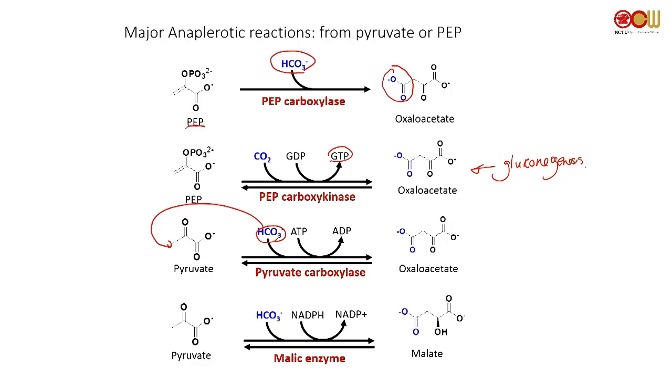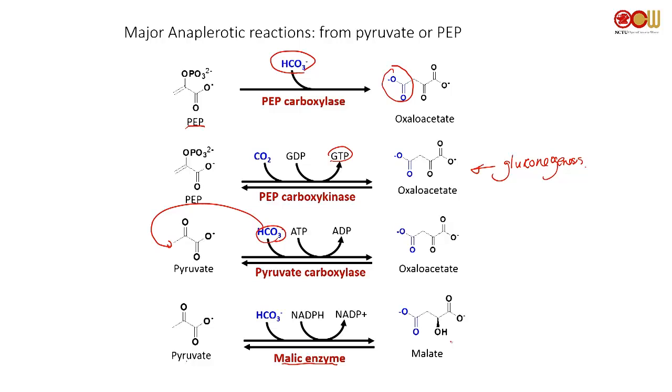And then lastly, you have this thing called the malic enzyme, which is essentially using the formation of malate to drive this carboxylation of pyruvate to malate, okay?